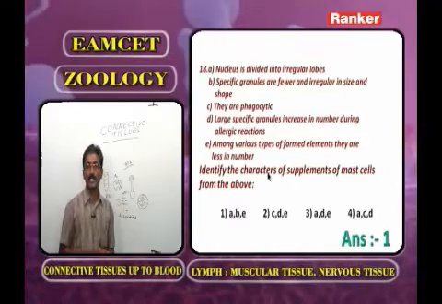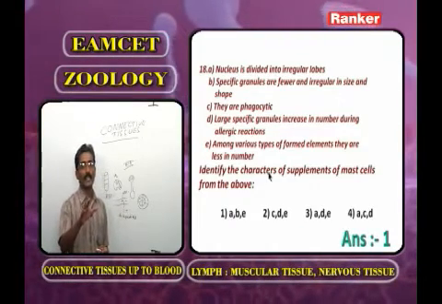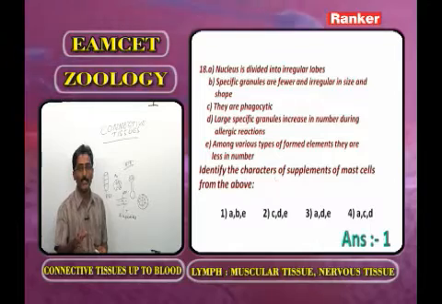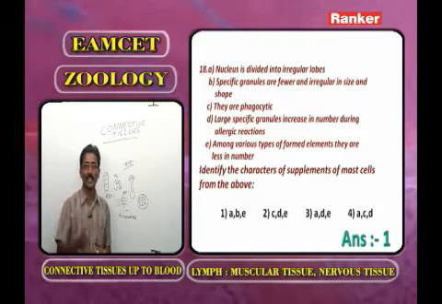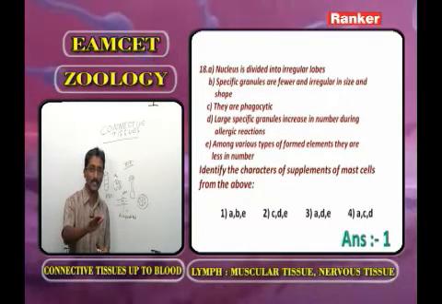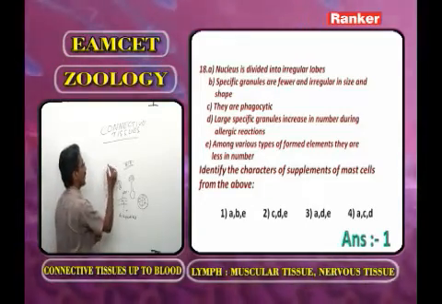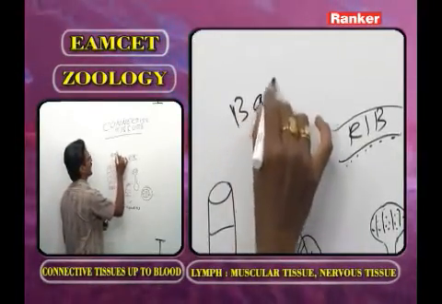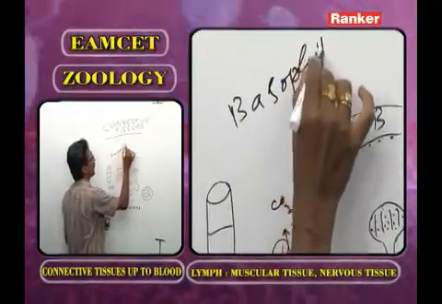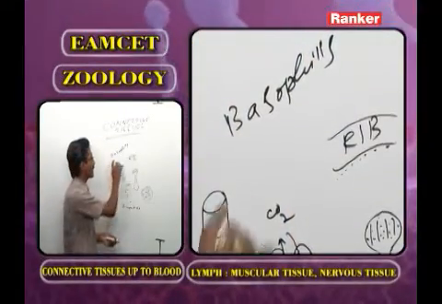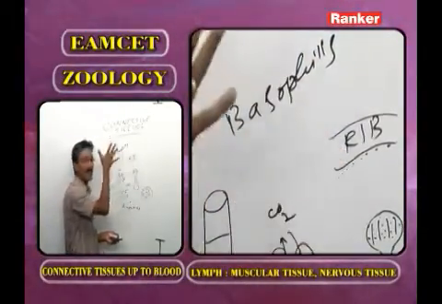We know very well the mast cells. The mast cells secrete histamine, bradykinin and heparin. Here what did they ask? Supplements of mast cells. Whenever the mast cell is absent, the mast cell's function is performed by what type of cells? That we call the basophils. Now according to this question, what are the supplements of the mast cells? The basophils.